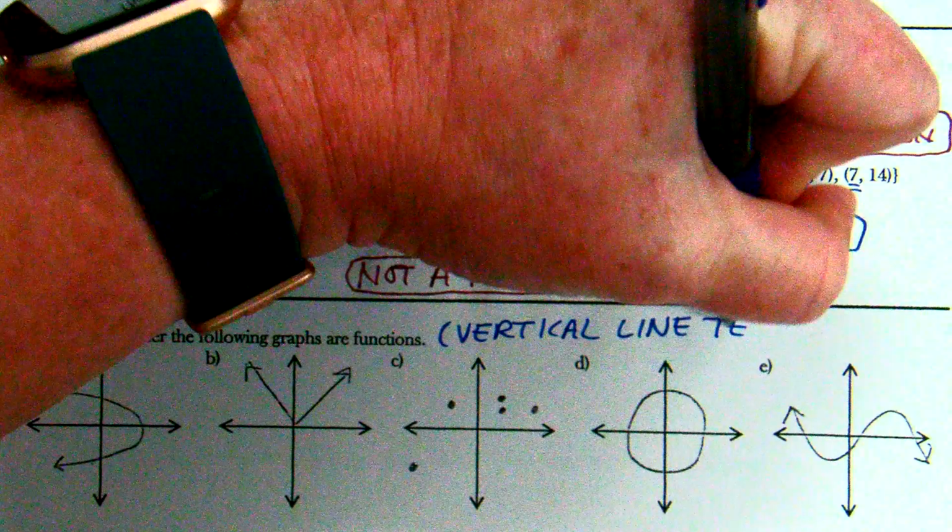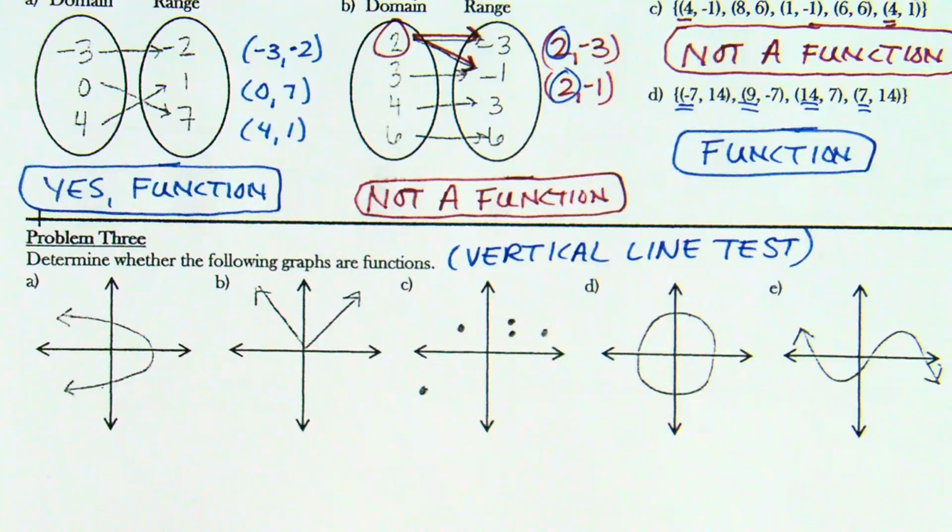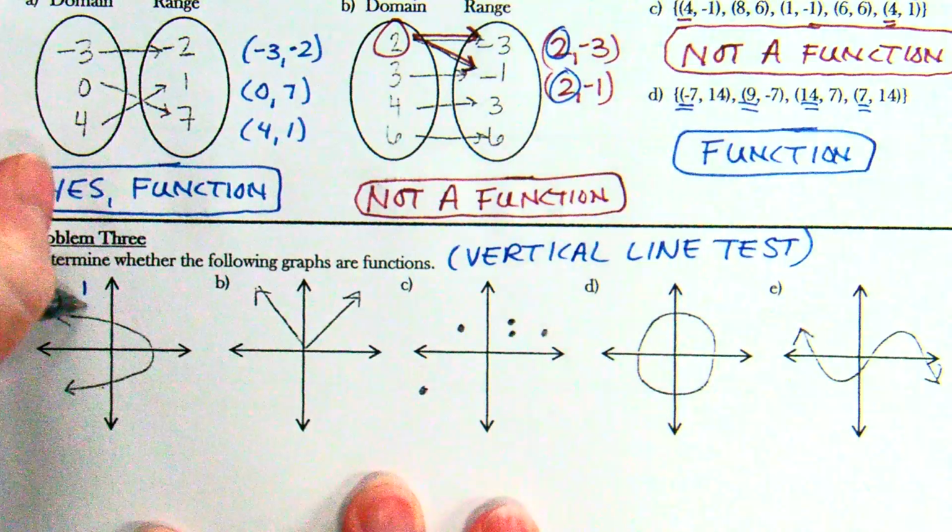So, talk to me about how the vertical line test works on graph A. It works, but what's the result of the test? Not a function because what happens? Okay.